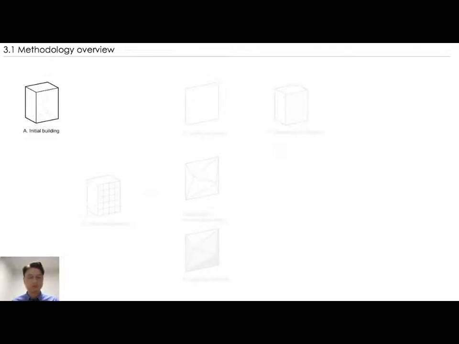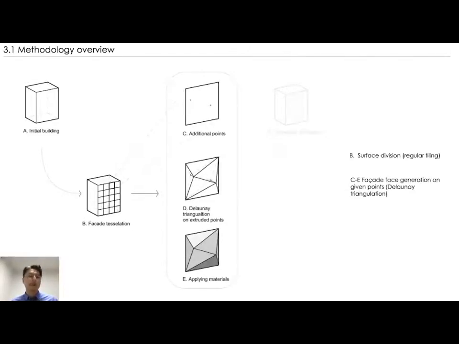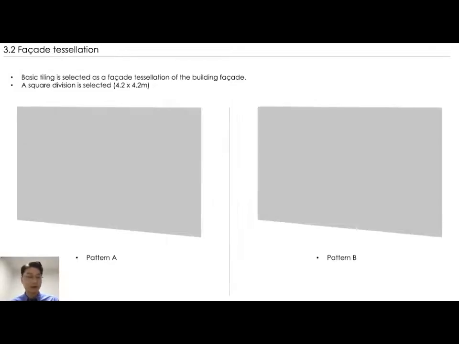You have the initial building, and then you slice the facade into some tessellation, and then you add points on it, and based on those points you extrude it, and then you connect them using the method of Delaunay triangulation, and then apply materials on the generated surface, and then apply it back to the main building wall. Then you end up having this 3D faceted facade pattern.